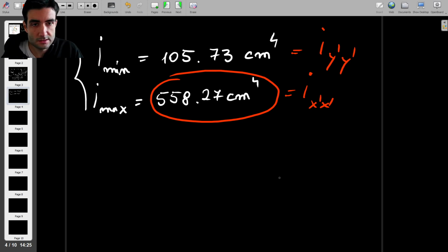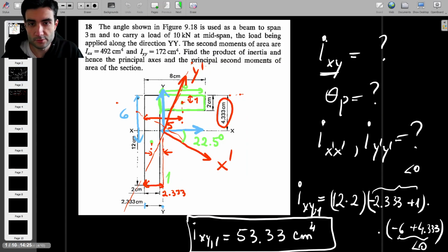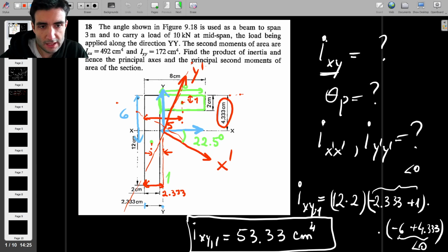And that is it, basically. So this is how you find the direction of the principal axis, the product of area, which again is measured in unit to the power 4, and then that's how you find the minimum and the maximum second moments of area. And that's the end of the question.